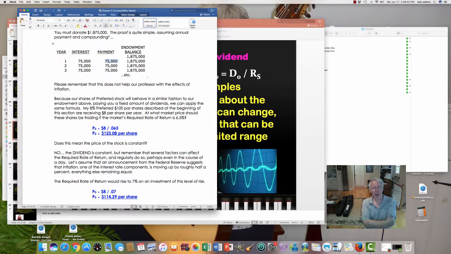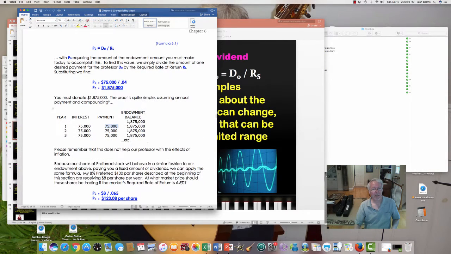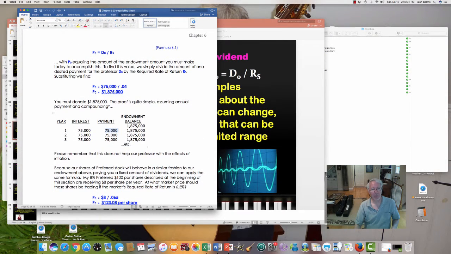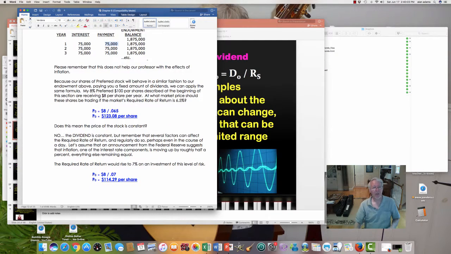So if your required rate of return of the market, your perception of that, and that's very key to us here, and I've got to give you that number, obviously, in all of our assumptions here, is 6.5%, then divide using the formula up here, P sub 0 equals D sub 0 divided by R sub S. Then $8 divided by 0.065 means that stock should be trading today at 123.08 per share.